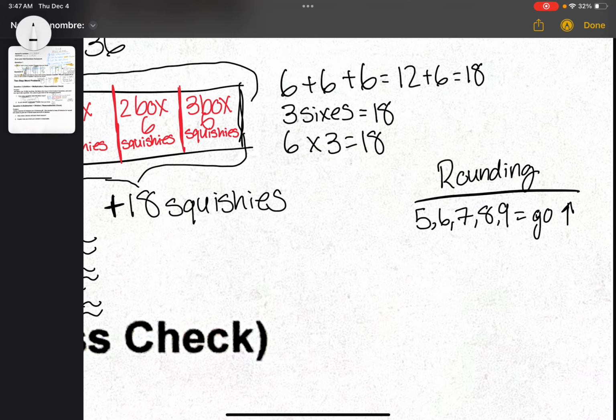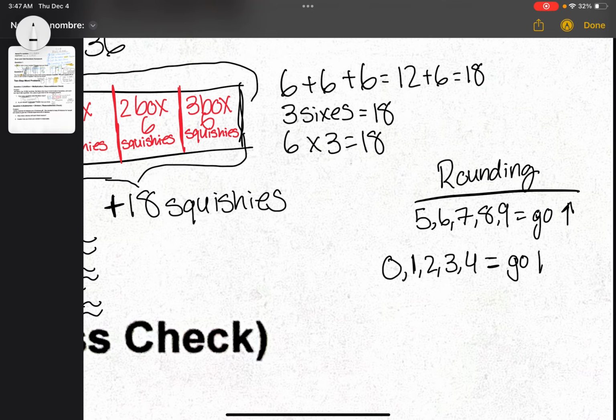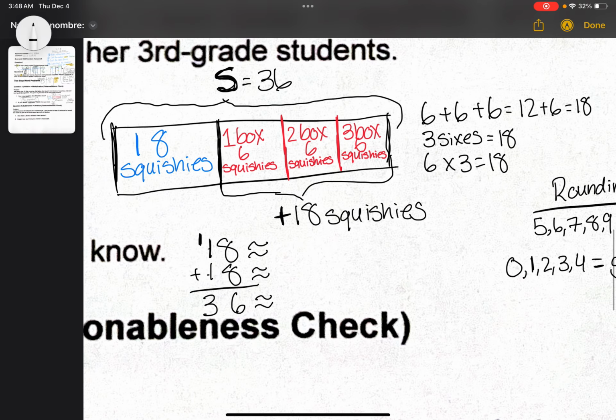If you have 1, 2, 3, 4, and also 0, we are going to go down. We're going down.